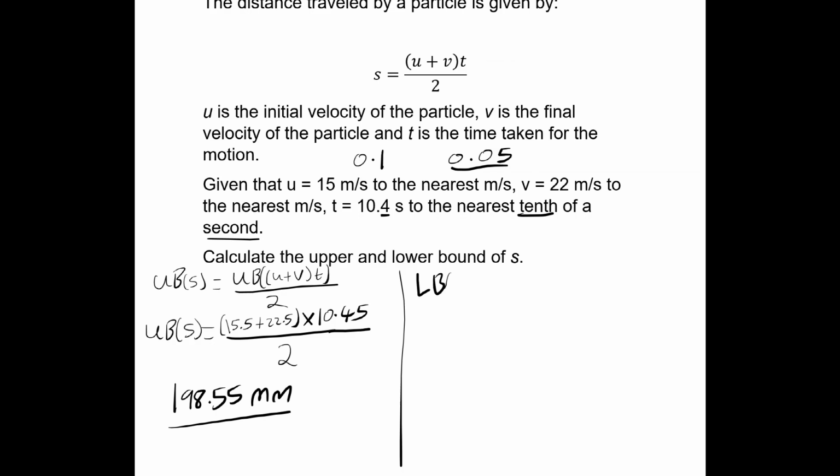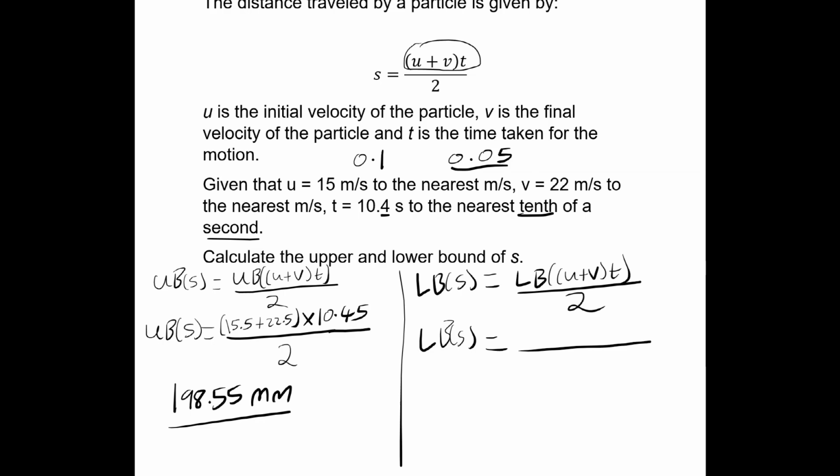And to do the lower bound for s, well, the number that we're dividing on the top of the fraction needs to be as small as possible. So we want the lower bound of (u plus v) times t, all over 2. So let's work out the lower bound of u and the lower bound of v.